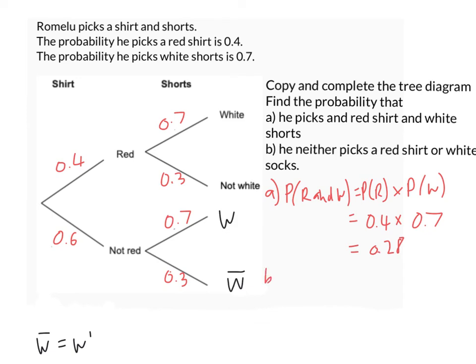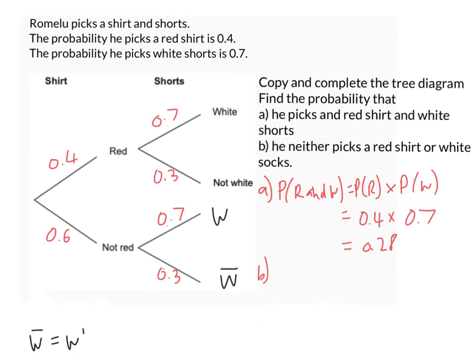Part B then is the probability he picks neither a red shirt or white shorts. So for that one, it's a probability of not red, so we can put a line over it for not red, and not white. So we'll follow the not red branch, and then the not white branch.